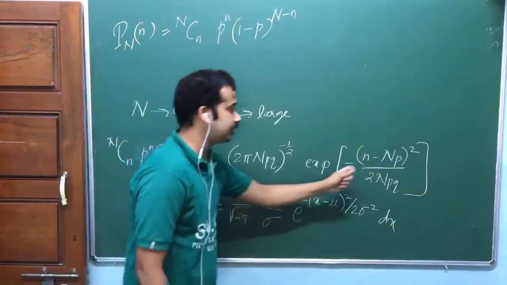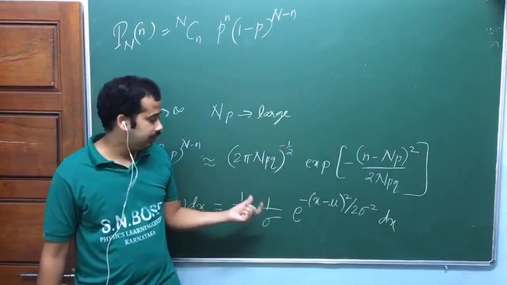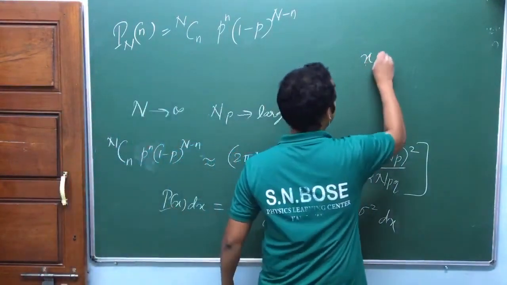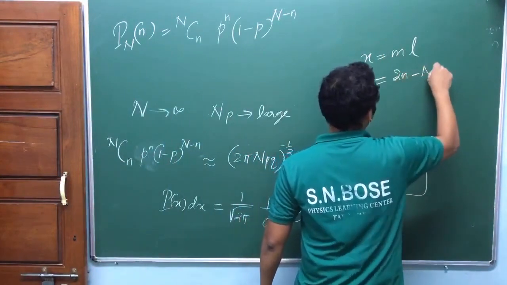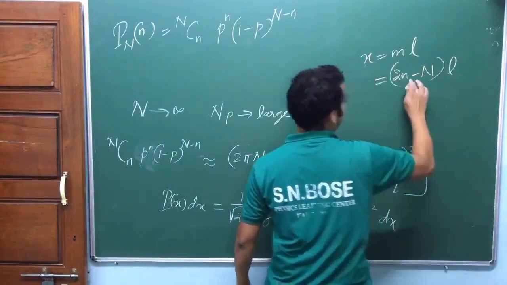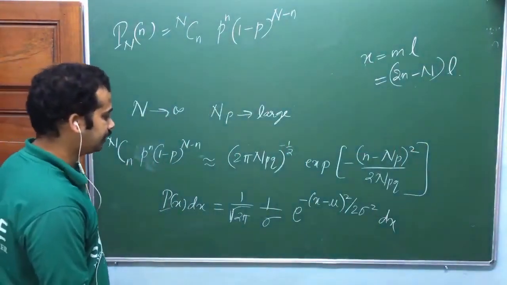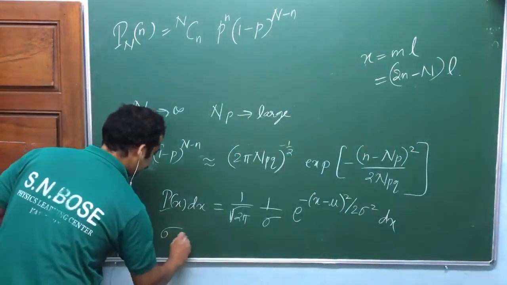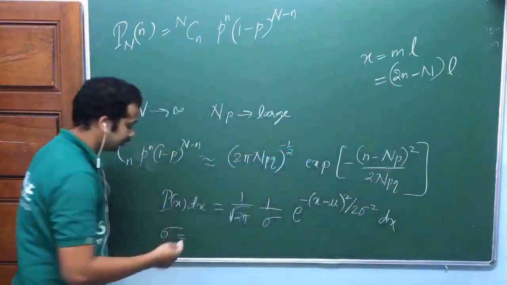So this n is not displacement, it is the number of steps to the right or something here, isn't it? But he wants to convert everything into x equal to m into L. Actually, m is equal to 2n1 minus N, whatever, okay? So that's why he edited the whole structure and he has written sigma as, okay?